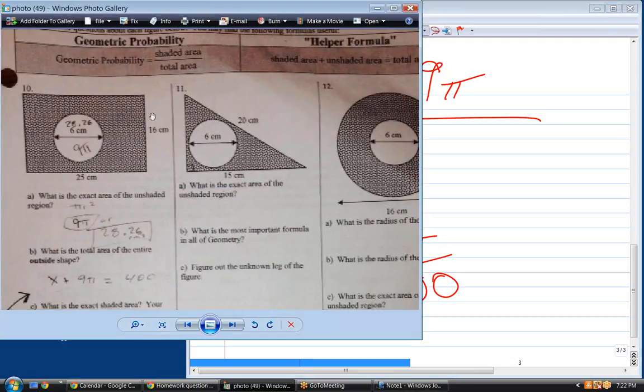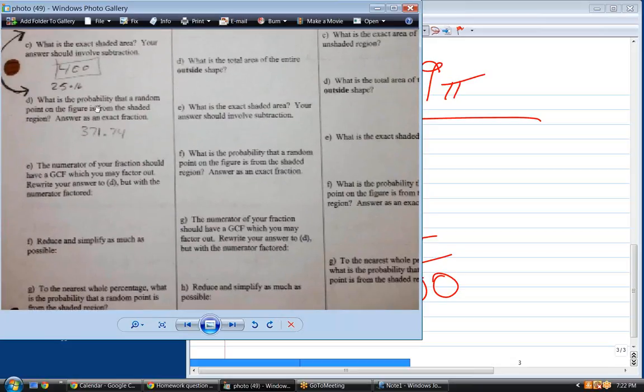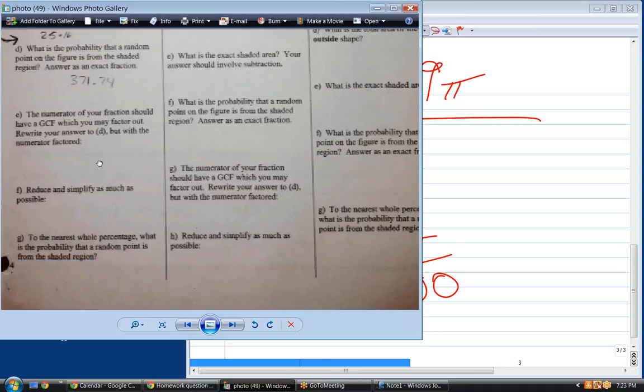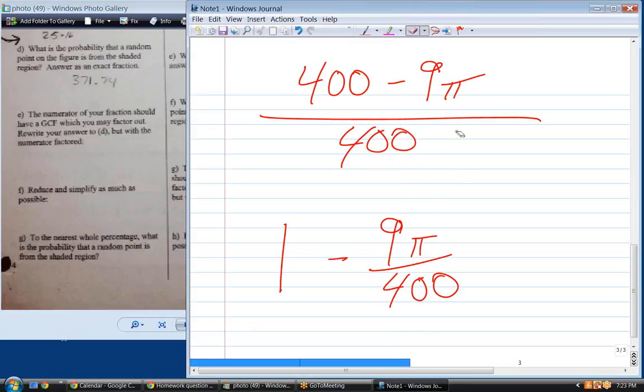The shaded region is 400 minus 9 pi, and all these questions have to do with the shaded region. So 400 minus 9 pi is the numerator. Well, I don't know what she means by E, but reduce and simplify as much as possible. Well, we kind of did, unless she means this.